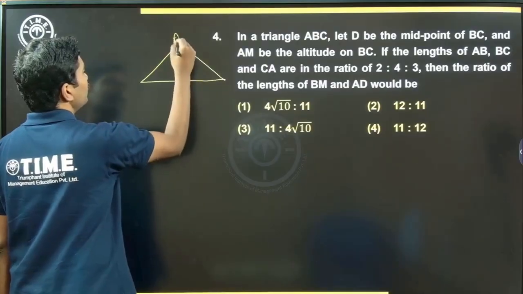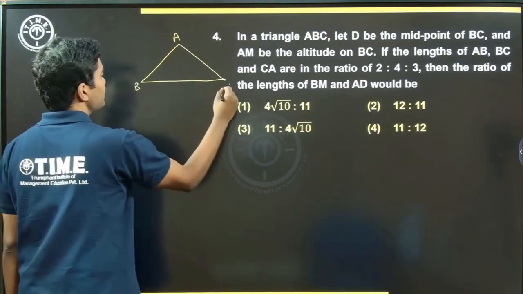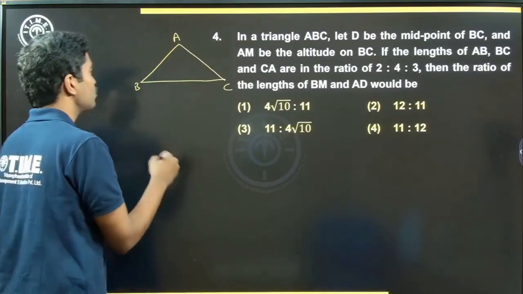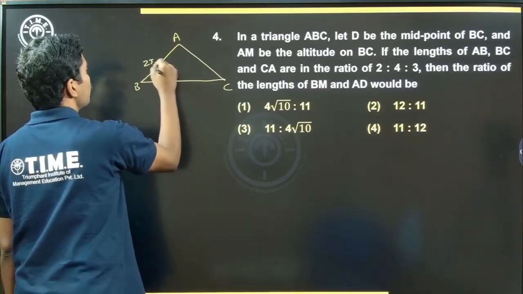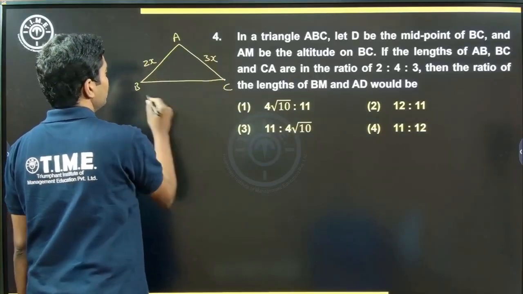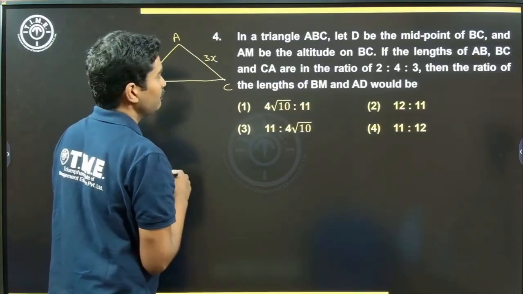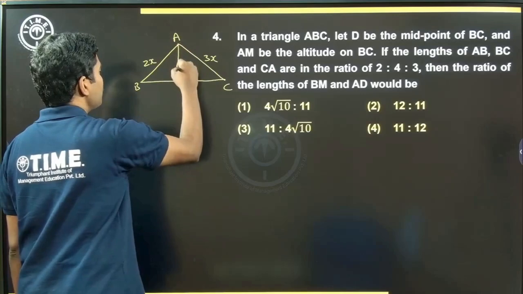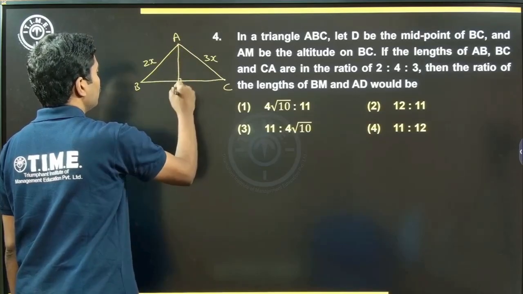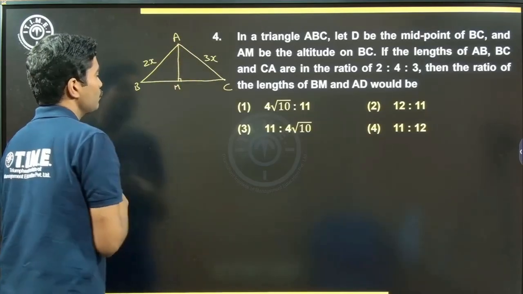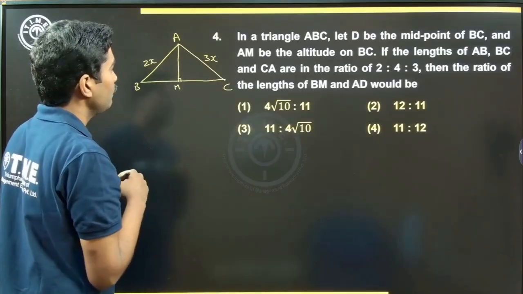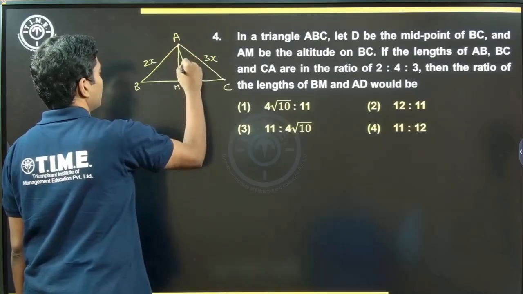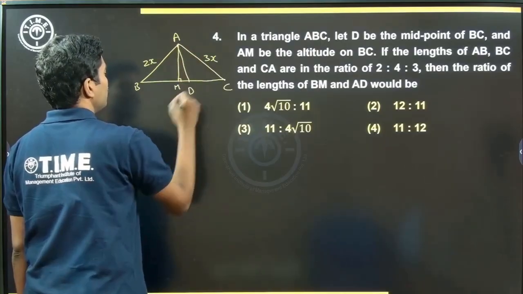We have A, B and C. AB, BC and AC are in the ratio 2:4:3, so let's say this is 2x, this is 3x, this whole thing is 4x. And further, AM is the altitude on BC, so it's a perpendicular. And D is the midpoint of BC.